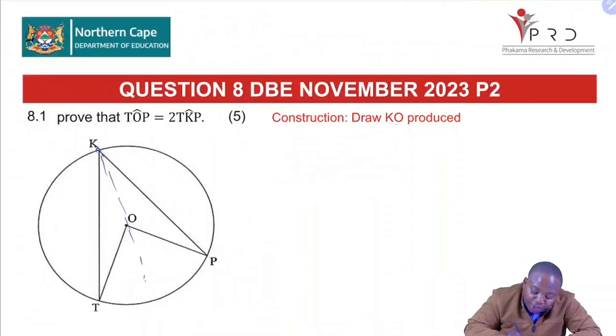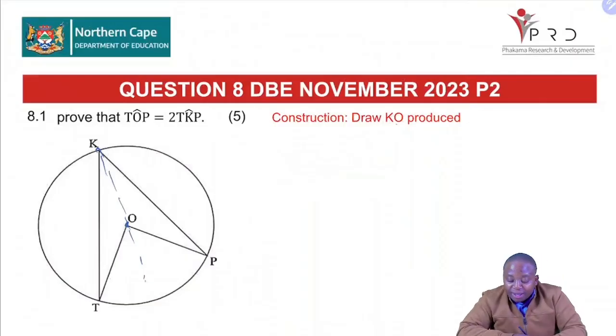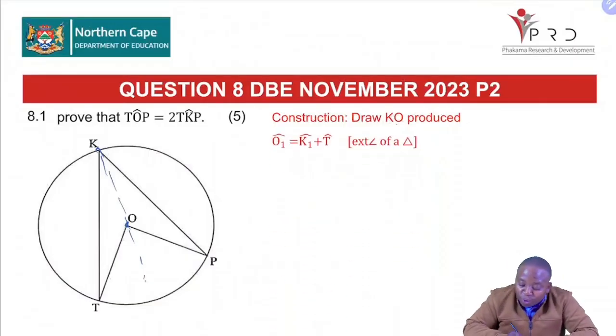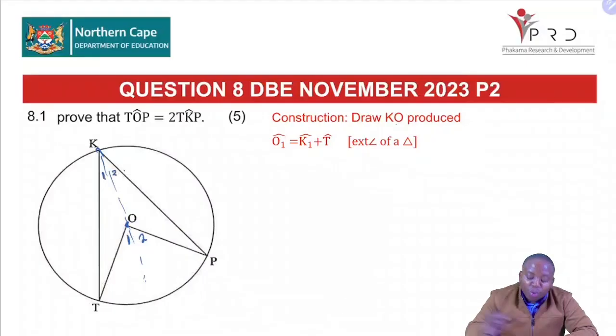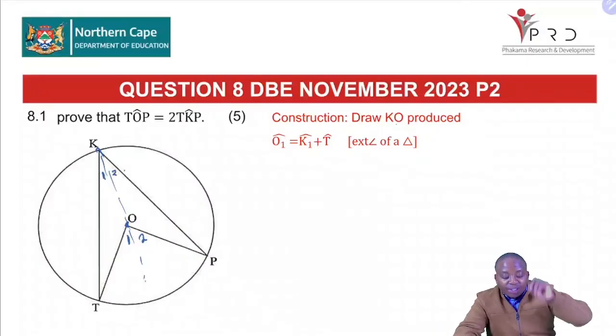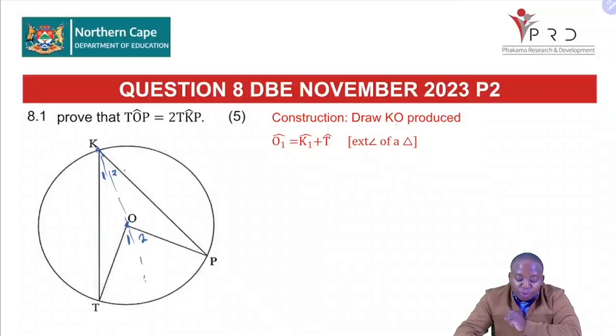So we must show that construction with the dotted lines. Thereafter, we are going to say, this is going to be my O1, this is going to be my O2, this is my K1 and my K2. Show that on a diagram so that the marker knows what you were trying to communicate.